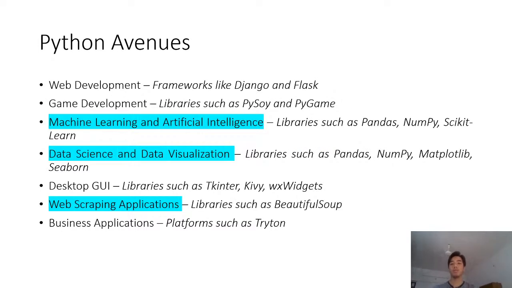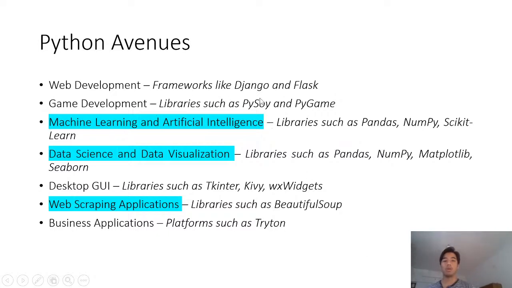All right. So Python is being used in a lot of avenues nowadays. Python is not generally focused on machine learning and artificial intelligence. We'll be focusing on machine learning, but Python can also be used for web development and game development. As I told you earlier, Python has a library and package for everything.